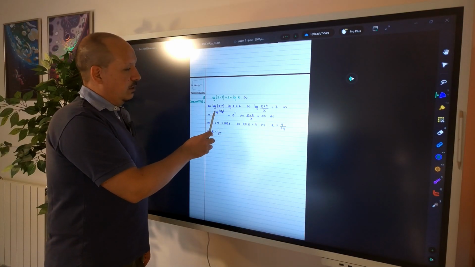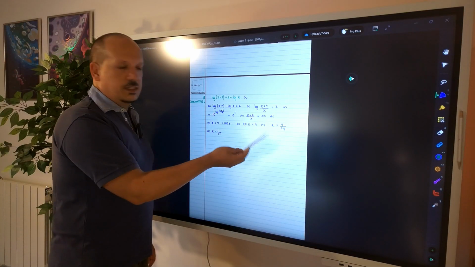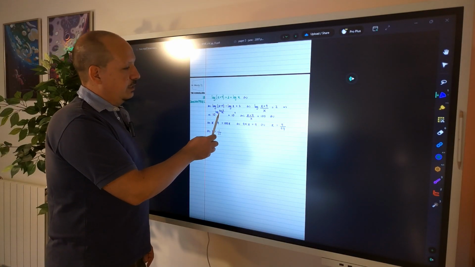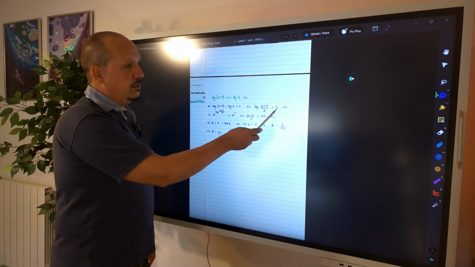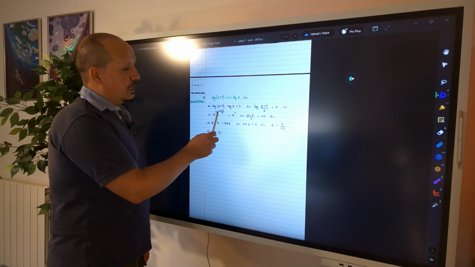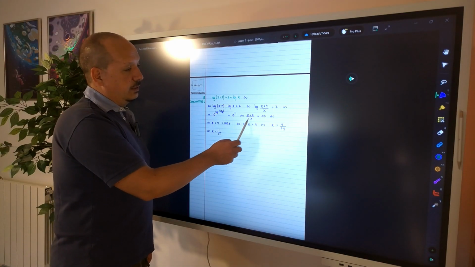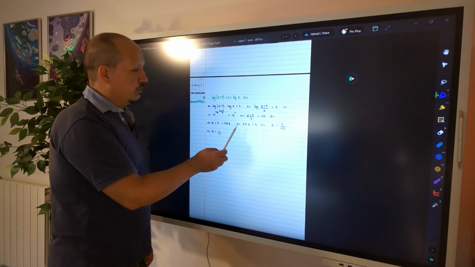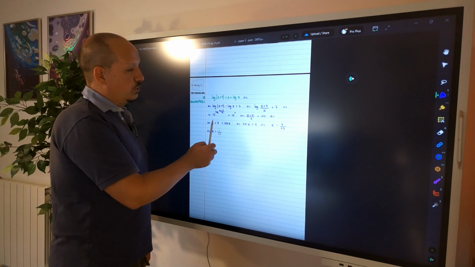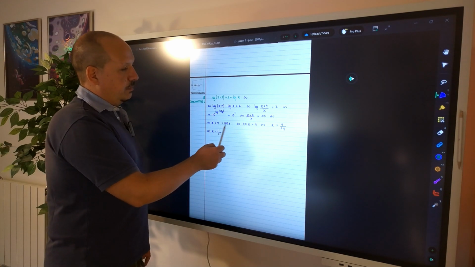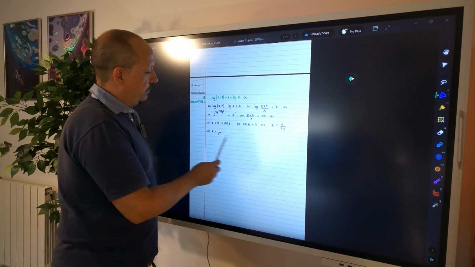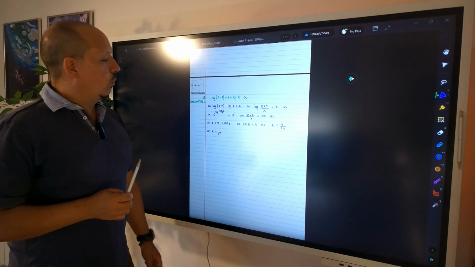So you have 10 to the logarithm base 10 of x plus 9 over x equals 10 squared. Now these two cancel out. You are just left with the fraction, and 10 squared is 100. And now all you have to do is to solve this very simple equation. By solving it, you'll get the value x equals 1/11.